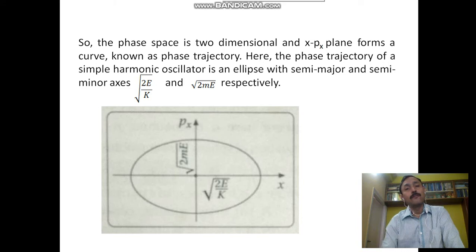This is known as the phase trajectory. Here the phase trajectory of a simple harmonic oscillator is an ellipse with semi-major axis root over 2E by k and semi-minor axis root over 2mE. So the phase trajectory of a simple harmonic oscillator is an ellipse.